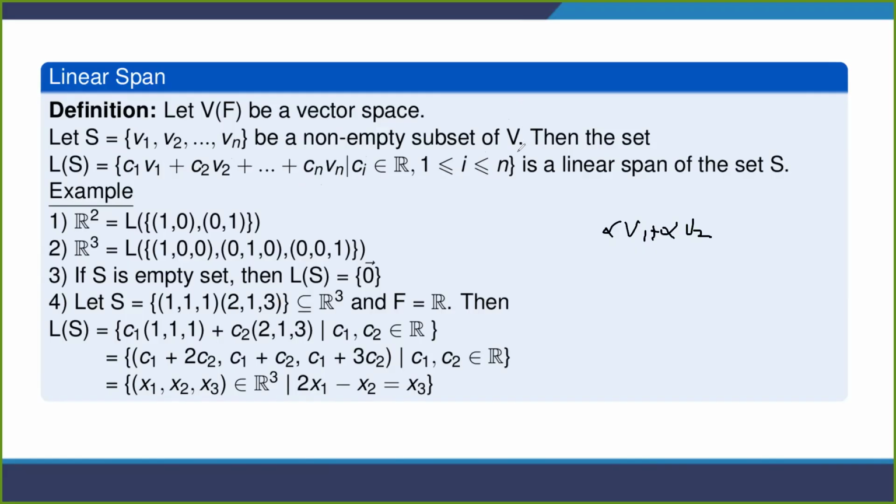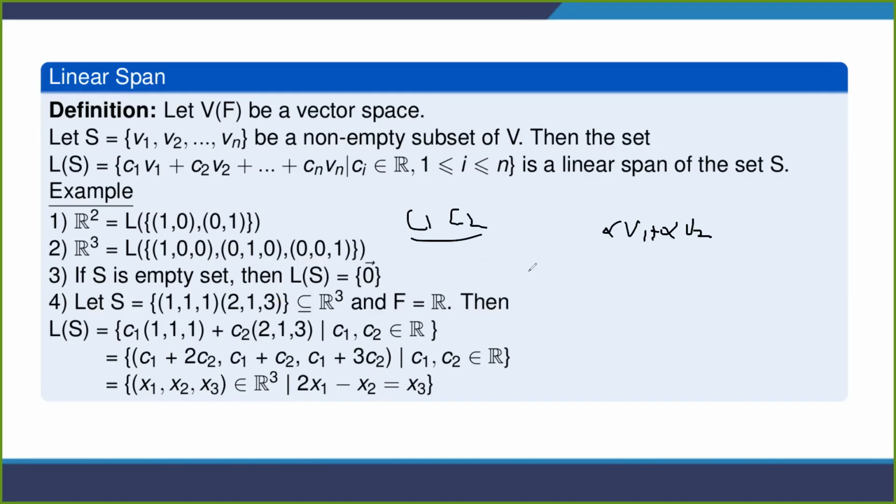Then let's say there's another set, and let's understand this by example also. What is linear span? There is (1, 0), there is (0, 1), and C1 and C2 are two constants. Whatever real number you want to put, 5, 3, 2.